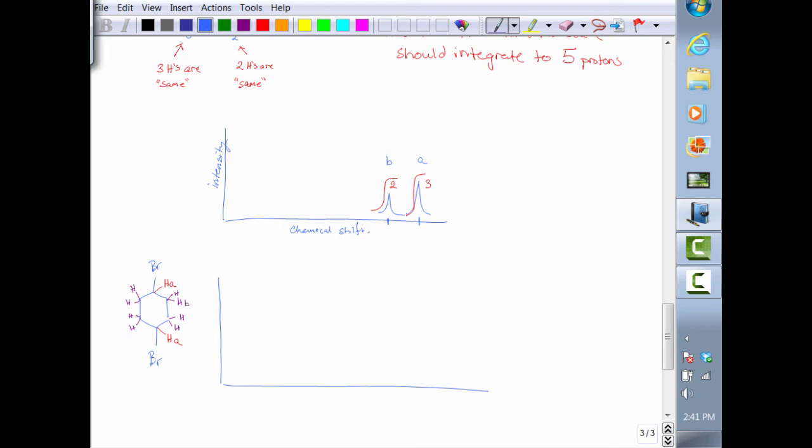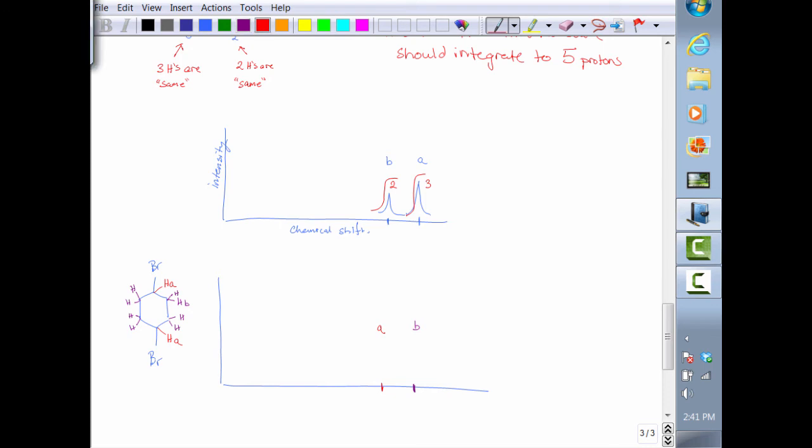And so if I had a spectrum of this molecule, it might give me something similar to the one before it, except in this case A would be my higher number chemical shift, right? So I'd have a peak for A here, and I'd have maybe a peak for B a little bit more upfield. How many hydrogens are going to make up peak A? 2.